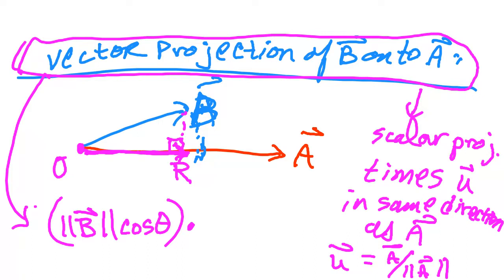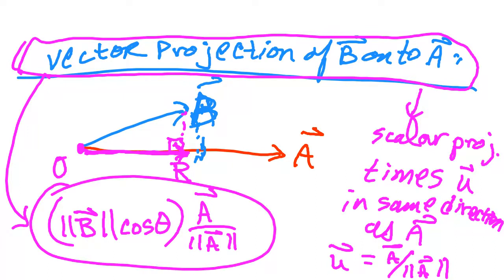This is times, I don't want a dot there. It's not a dot product. So it's times A vector divided by the norm of A vector. So this is one definition of what the vector projection of B vector onto A vector is.